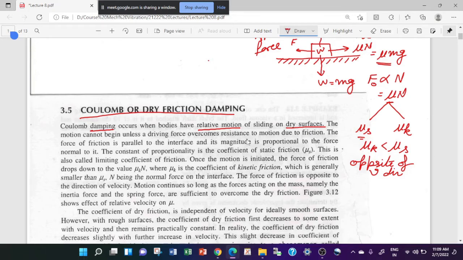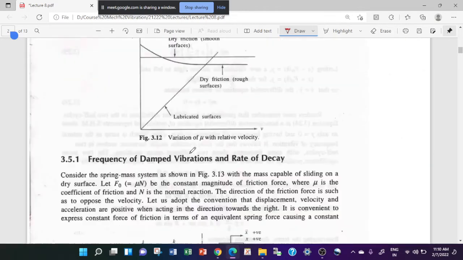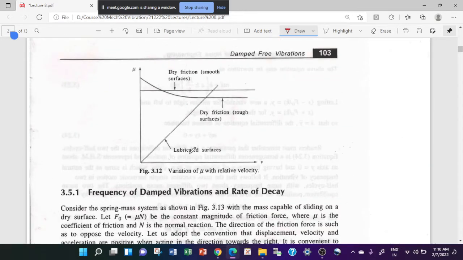Ideally, if you have a smooth surface here, for a smooth surface, this figure is showing the variation of coefficient of friction with relative velocity. This is for the ideal case.